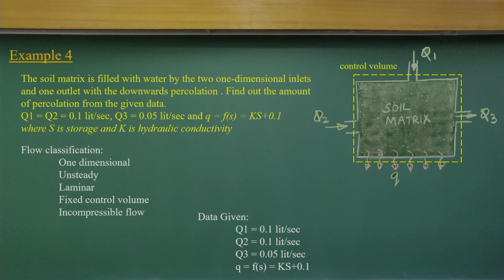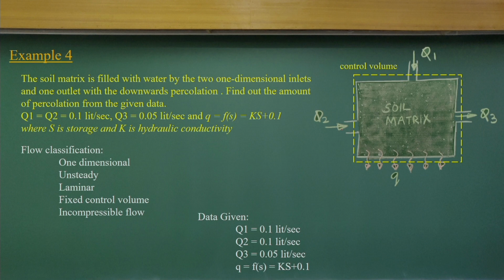Let us come back to the example. The last time we discussed this problem, I am going to repeat it for more detailed understanding. Let us consider there is a soil matrix, that means there is soil having porous space, and in that compacted soil component we have flow.